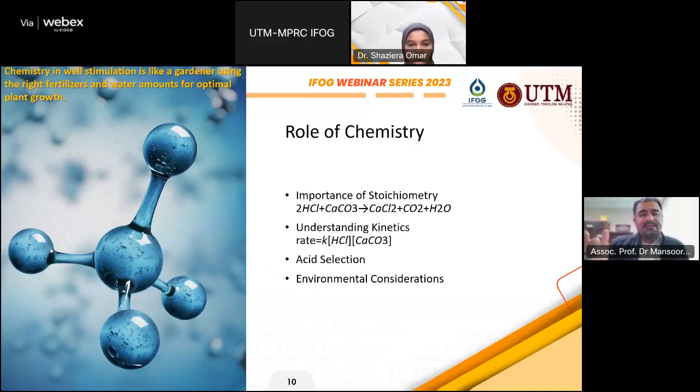Okay, so acid selection is also dependent on the stoichiometry and also the kinetics, choosing the right acid for the stimulation. Of course, this is completely related to the geology of the reservoir. Different acids react differently with reservoir rock.